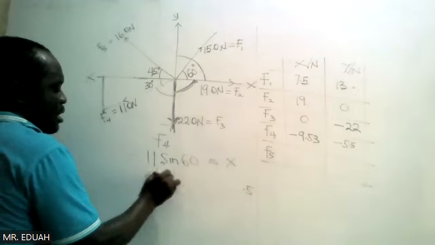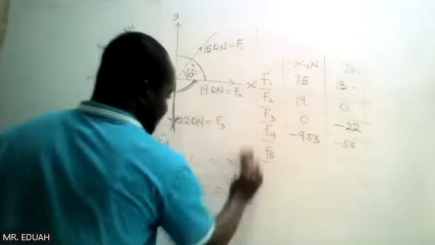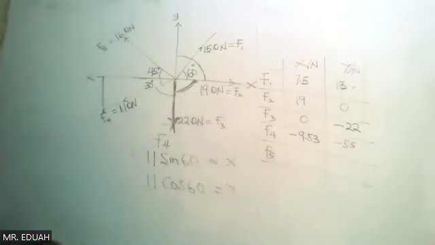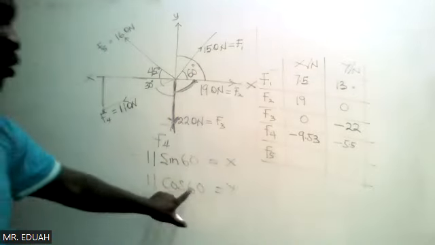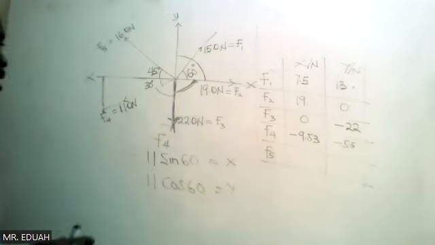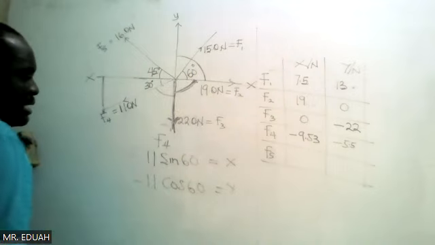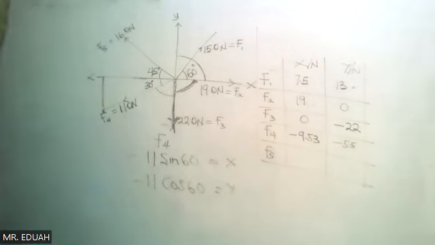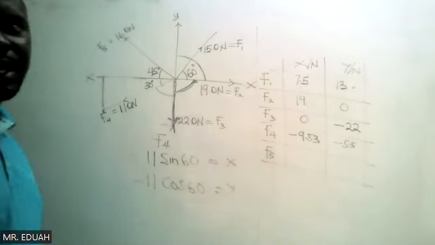And 11 cos 60 on the y component. Sine 60 is root 3 on 2, which is 0.866. So when you multiply that by 11, it will give you the same thing. Cos 60 is half, and this also falls within the negative y-axis, so minus 5.5. Whichever way we look at it, the value is the same. Class, are we okay?